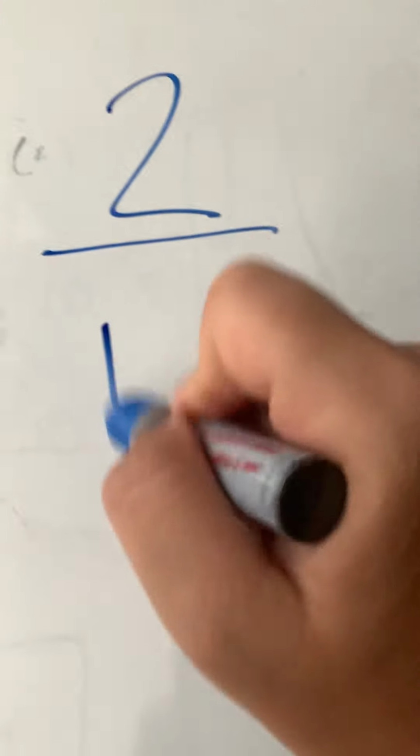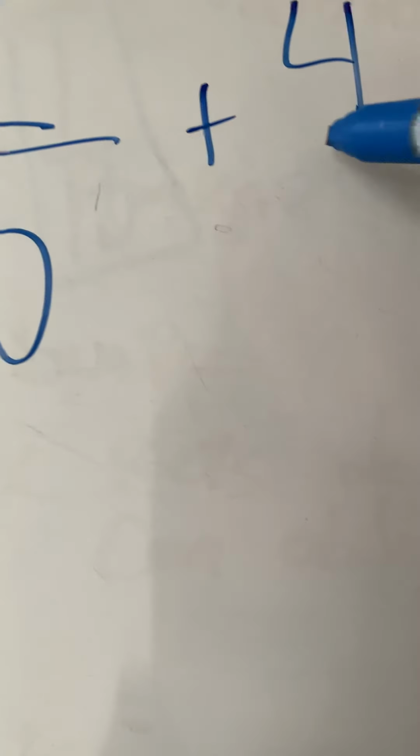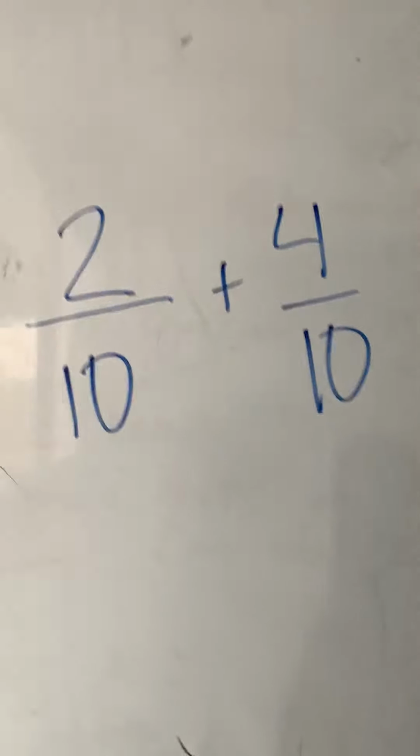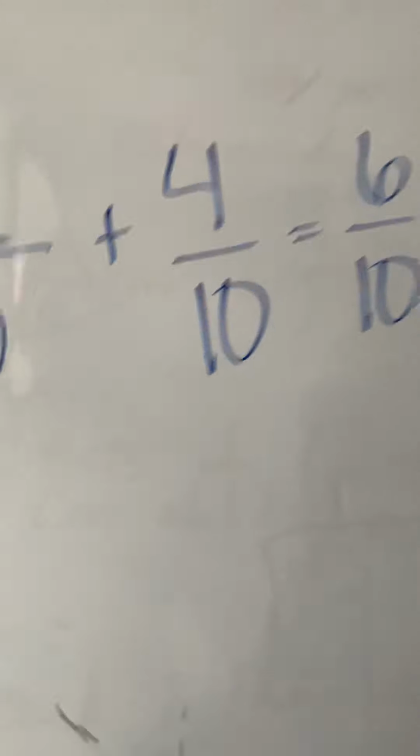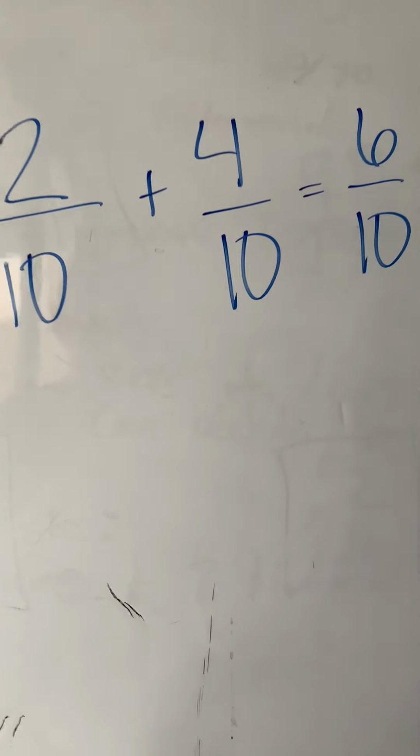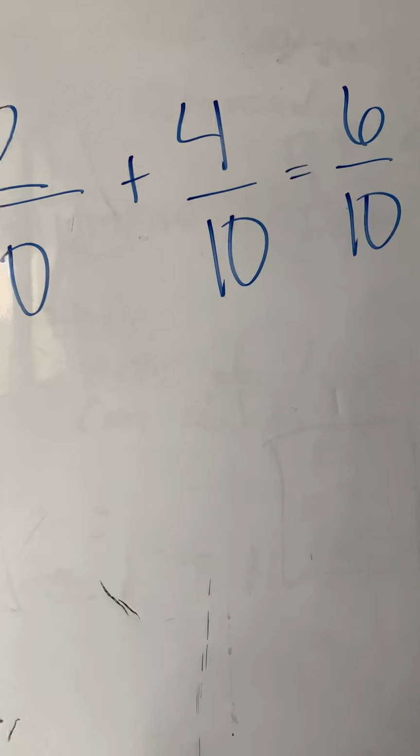So if you look back on the worksheet that you did last week, some of you did 2/10 plus 4/10, and you put 6/10. That is correct. It is 6/10.